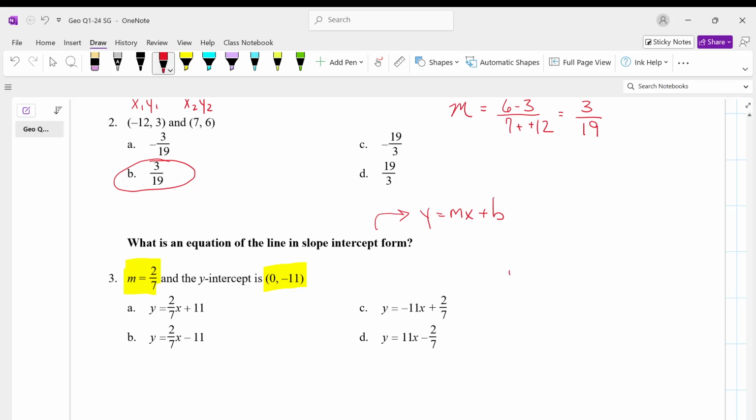So y is equal to the m, which is 2/7, the letter x, and if this x coordinate is 0, then the negative 11 is your y-intercept. So 2/7 x minus 11. And that looks like B right here.